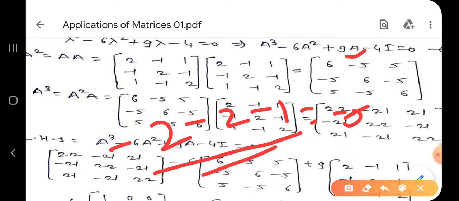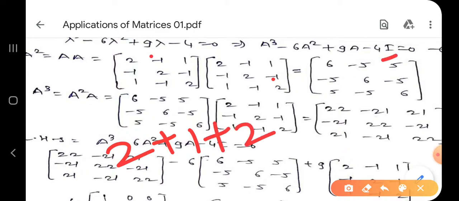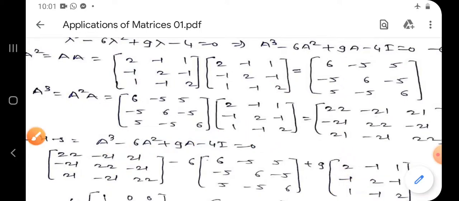Correct? Do the next one. 2 minus 1 into minus 1, I get plus 1. And here 1 into 2 is 2. So here I get 5. Correct? So here I get 6, minus 5, 5.